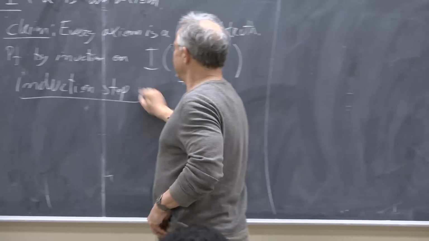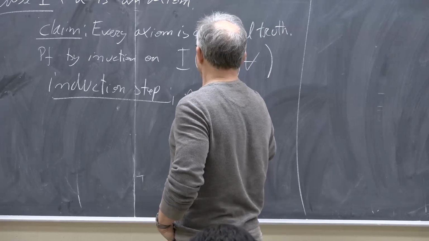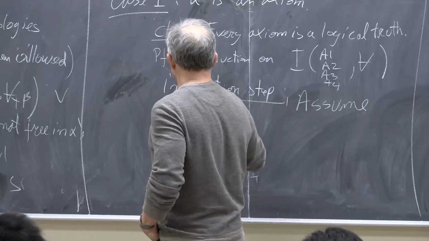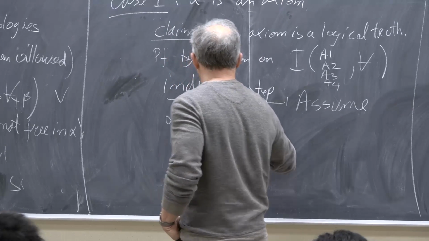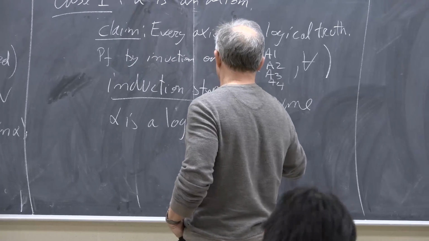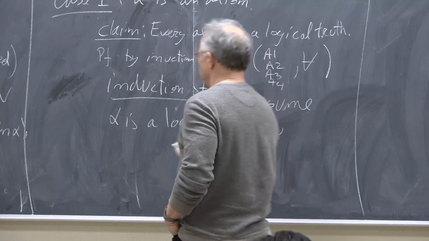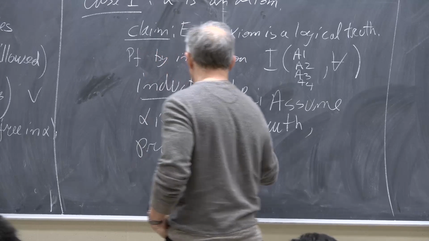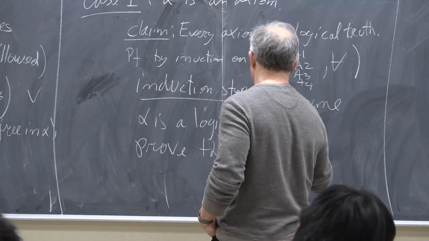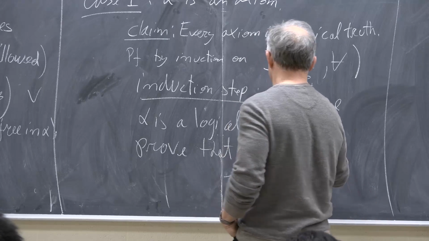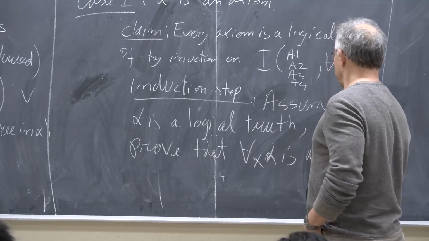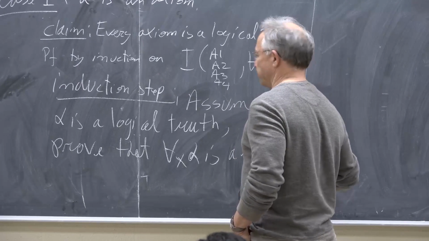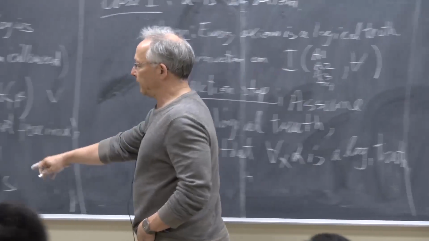And this is: assume alpha is a logical truth. Prove that for all x alpha is a logical truth. Because we close under for alls.